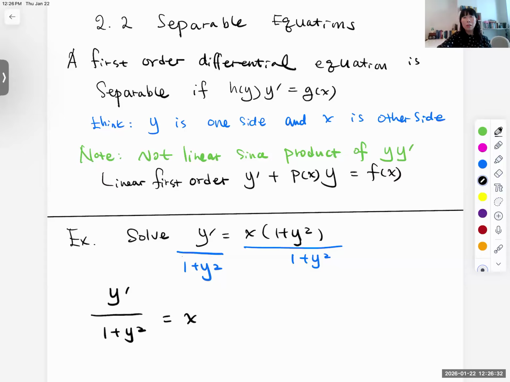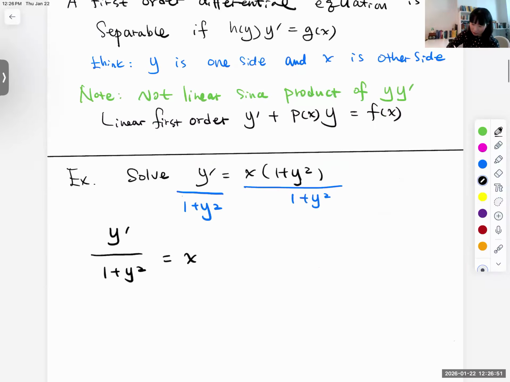Now, for y prime, we can use dy over dx. So dy over dx as y prime, over 1 plus y squared, equal to x.